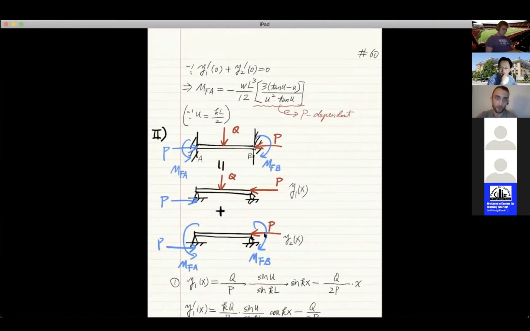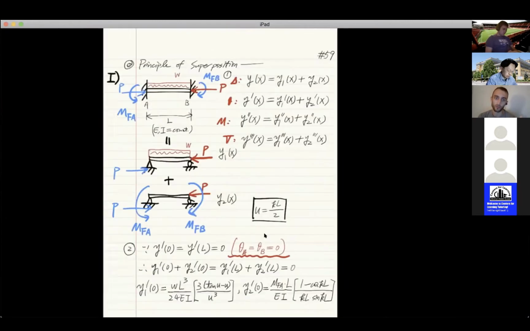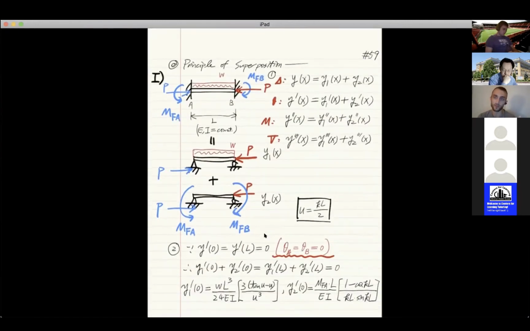So force P. So now you're sort of applying force P on both y1x and y2x. Isn't that using P twice? Like how is that not like sort of duplicating in that sense, because you're splitting the moment and the uniform load, but you're not splitting the axial force.